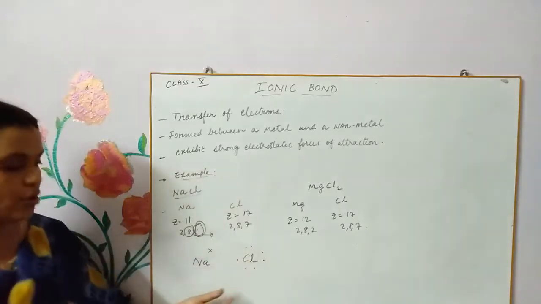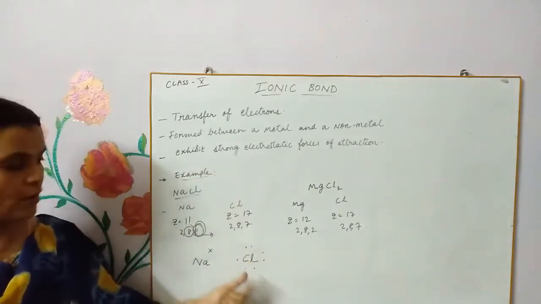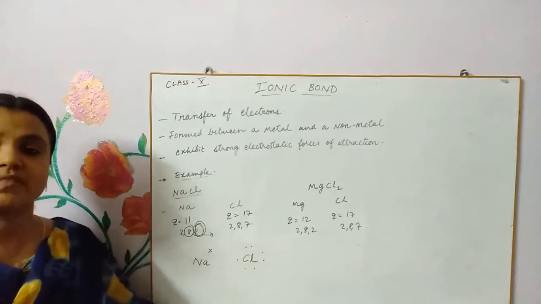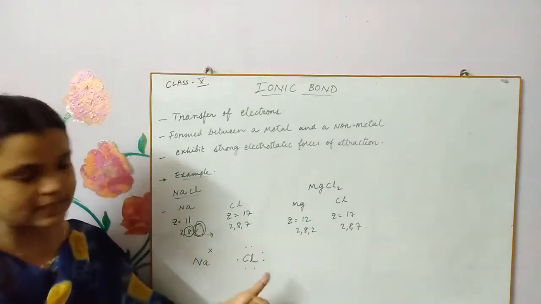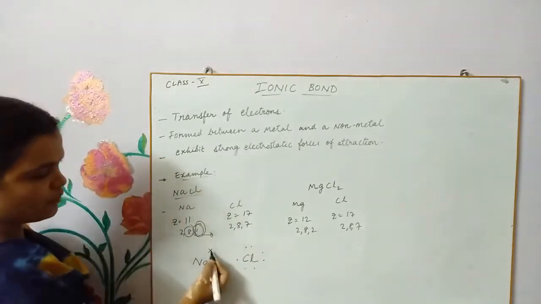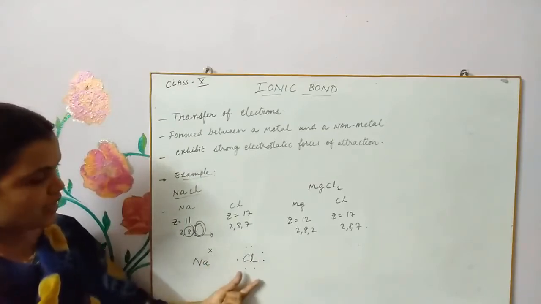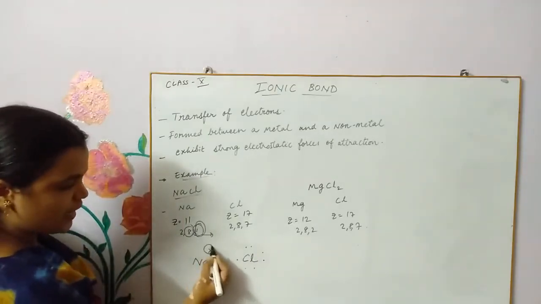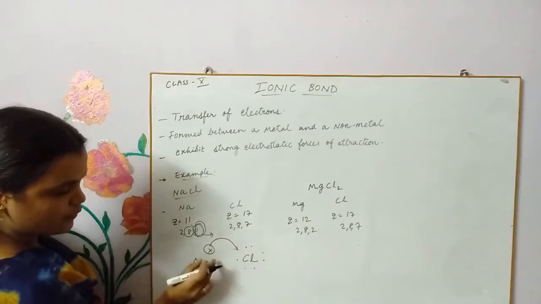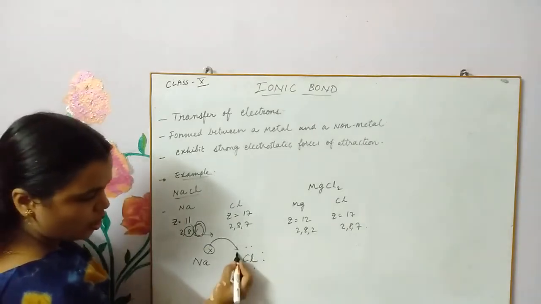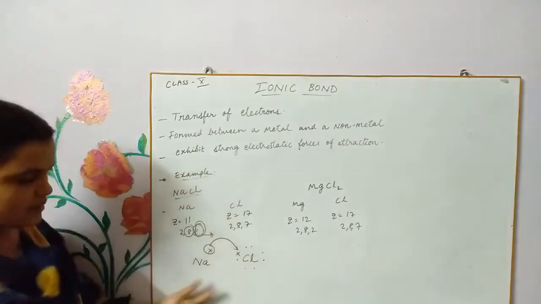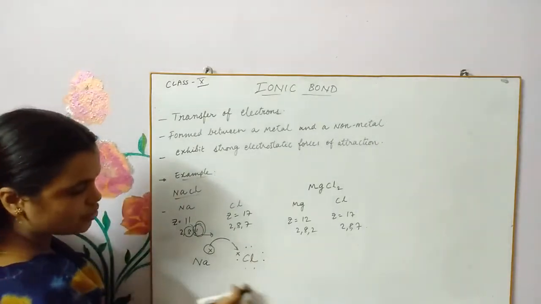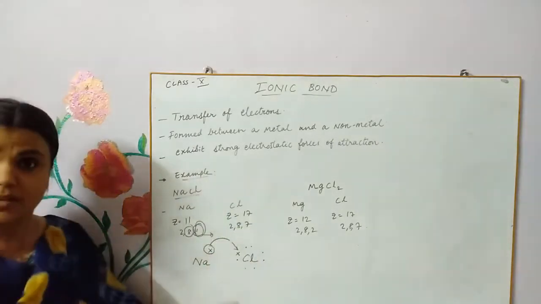This is called electron dot configuration, where the number of electrons present in the outermost shell are denoted in the form of crosses or dots. So now it donates, transfers this electron to chlorine. It becomes like this. Now it has got 8 electrons in its outermost shell because it got 1.